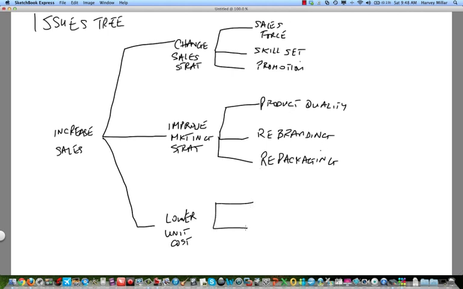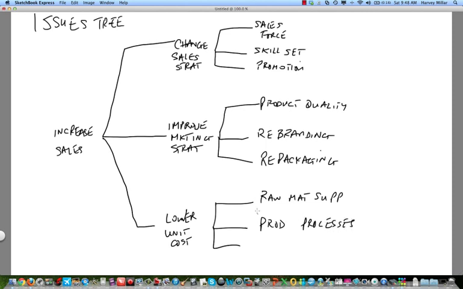On lowering the cost side of things, we could look at our raw material supply. We could also look at the production processes and see if there are some issues there.